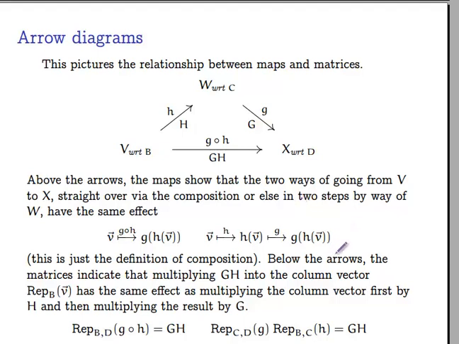Below the arrows, the matrices indicate that multiplying GH into the column vector Rep_B of v has the same effect as multiplying the column vector first by H and then by G. So the representation of the composition is GH, and also GH is equal to the product of the representations.